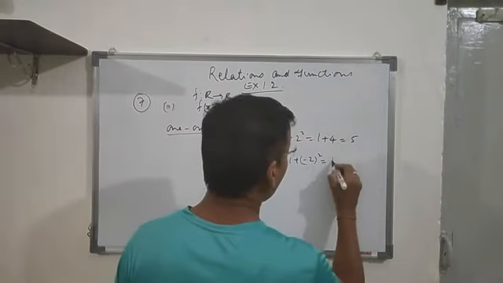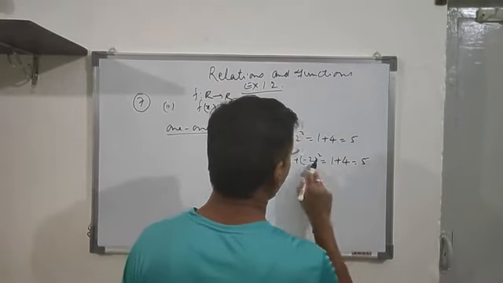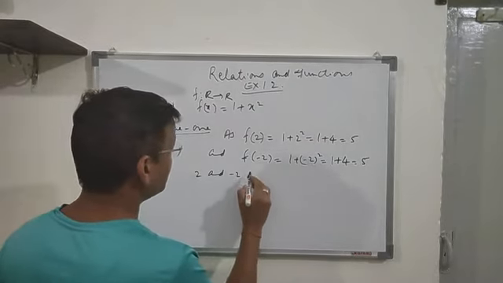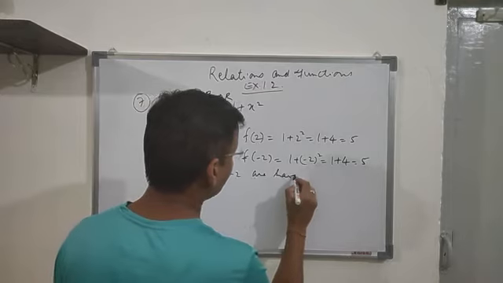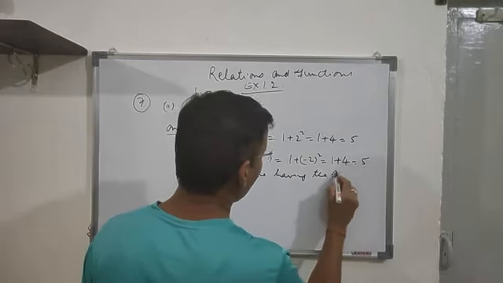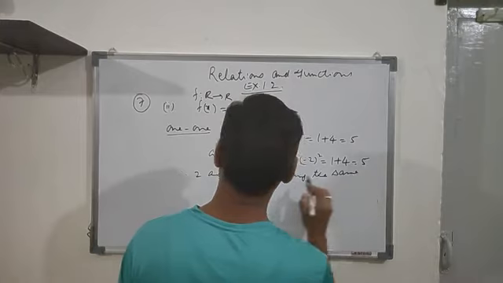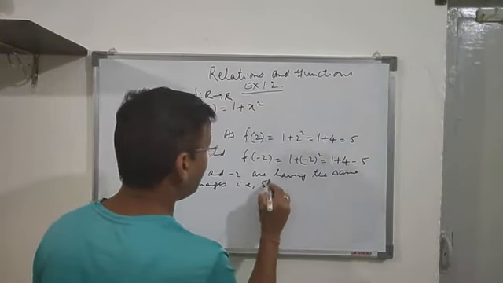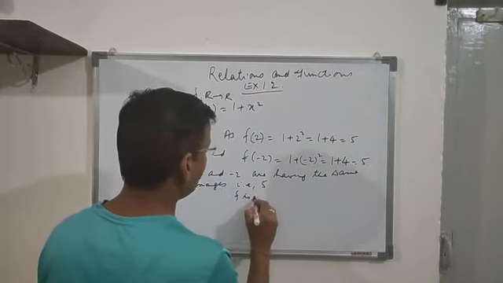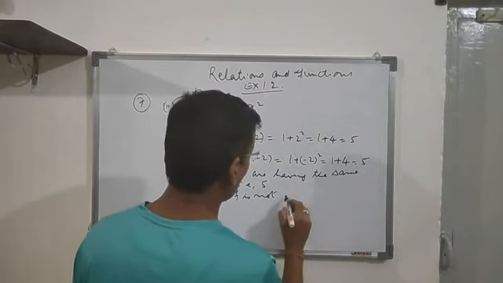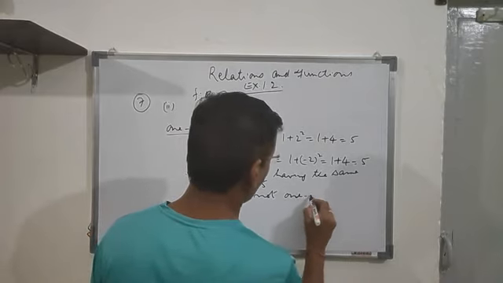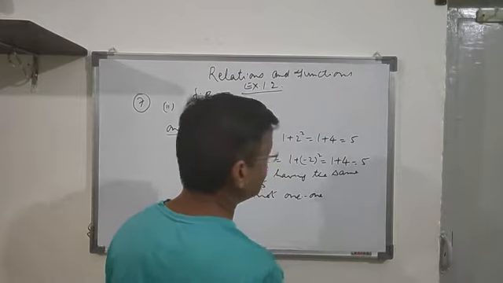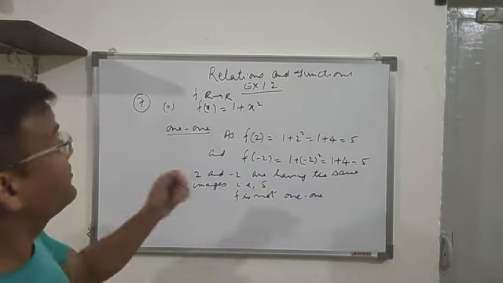So it is 1 plus 4, that comes out to be 5, because minus 2 square is 4. Therefore 2 and minus 2 have the same image, that is 5. Therefore f is not 1-1. Now let's come to the onto part here.